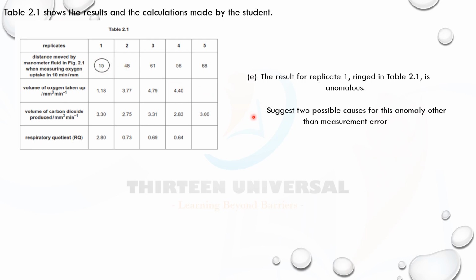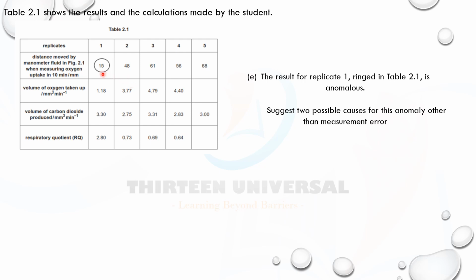Suggest two possible causes for this anomaly other than measurement error. Anomalous values are always introduced either by the way we vary the independent variable, measure the dependent variable, or keep constant variables constant.